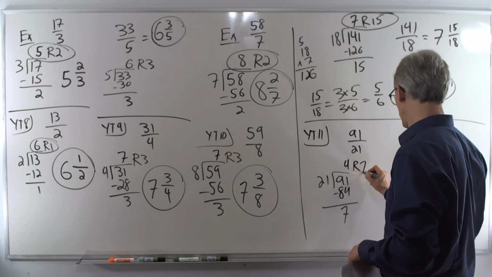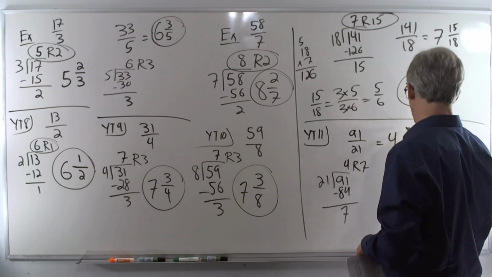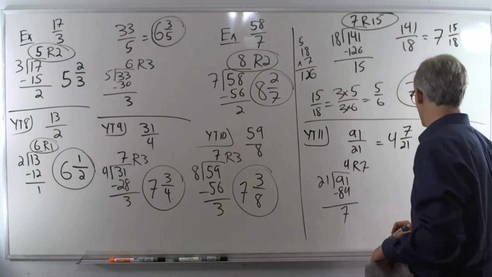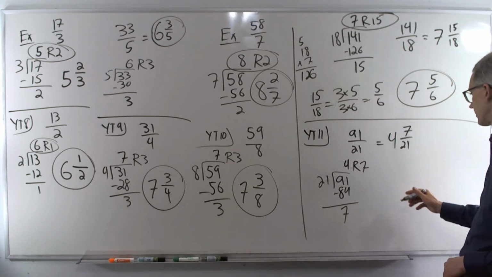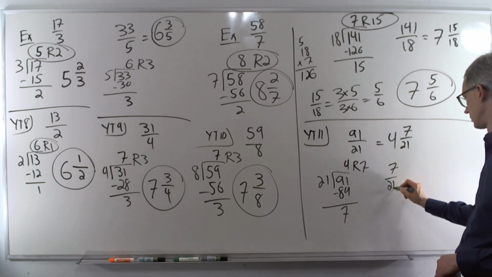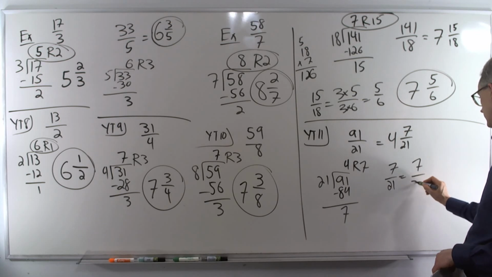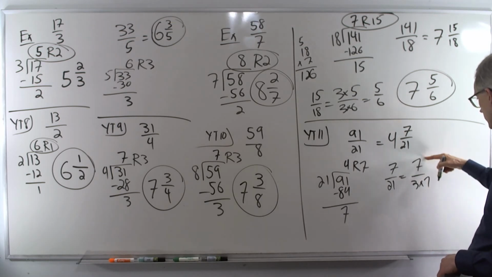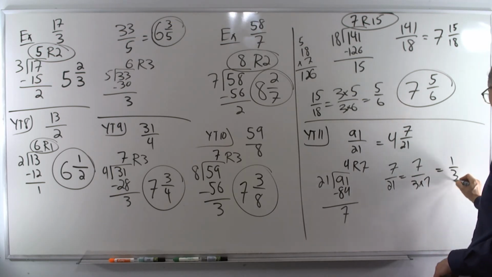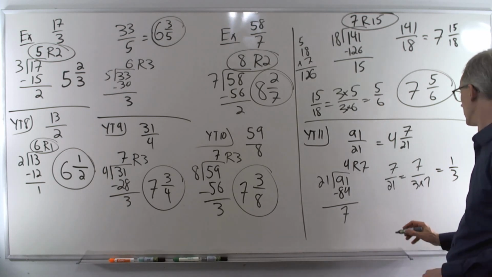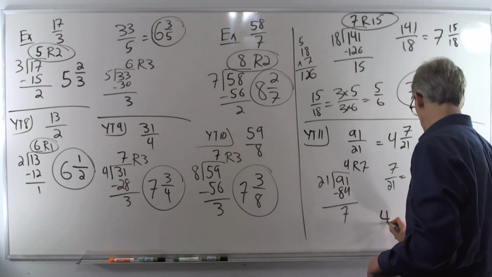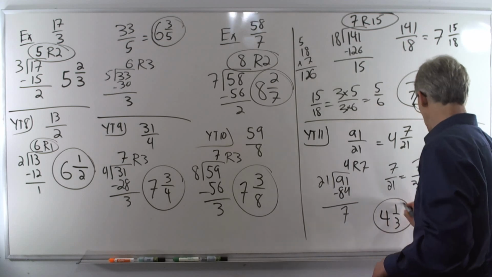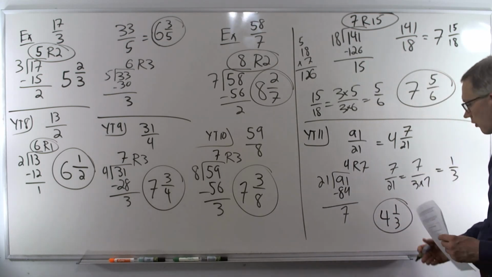So that's 4, remainder 7. So we get 4 and 7 over 21. 7 over 21 can be reduced. Sevens cancel, leaving us with 1/3. So 4 and 1/3.